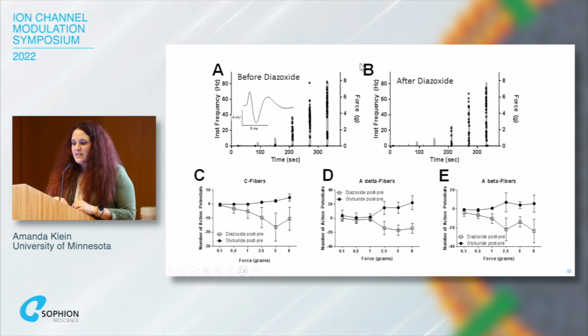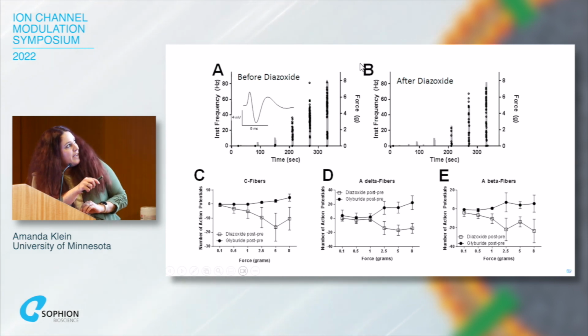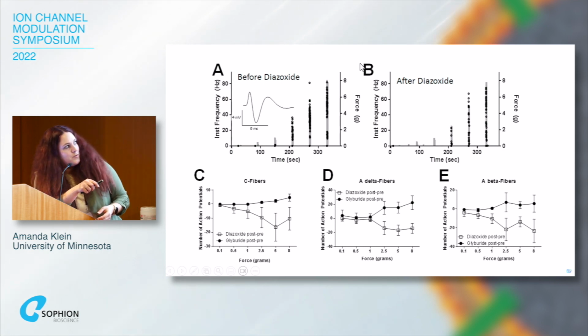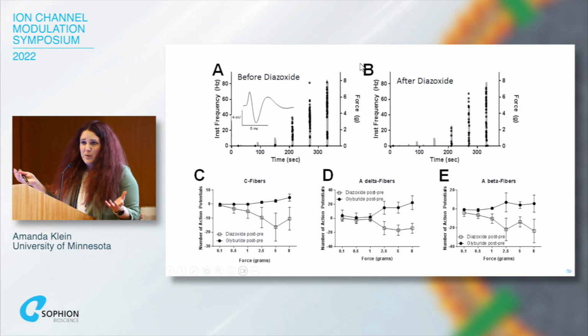You can see that upon increasing mechanical stimulation onto the receptive field, the number of action potentials increases. However, after you incubate the skin nerve prep with diazoxide for about a minute or so, the number of action potentials decreases. And we found that this was true in not only C fibers, which are the presumed nociceptors that exist.